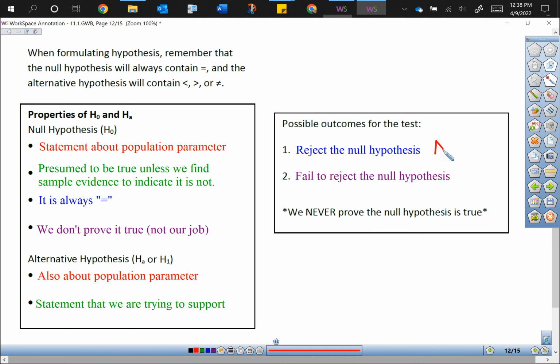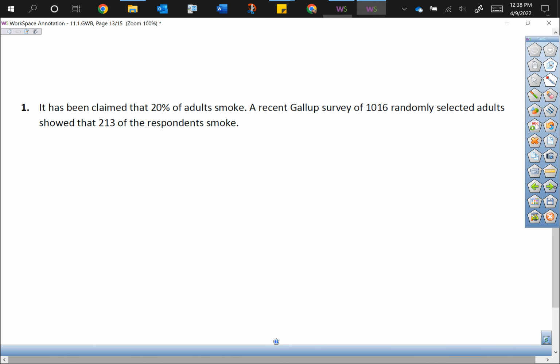We either get enough sample evidence to say, boom, that's not happening, we reject that. Or we don't get enough sample evidence to prove that. Now, our sample evidence isn't going to prove the actual hypothesis true, but it's not going to be enough information to say that it's not true. It's a little bit weird to wrap your head around, but we're going to get pretty good at it this unit.